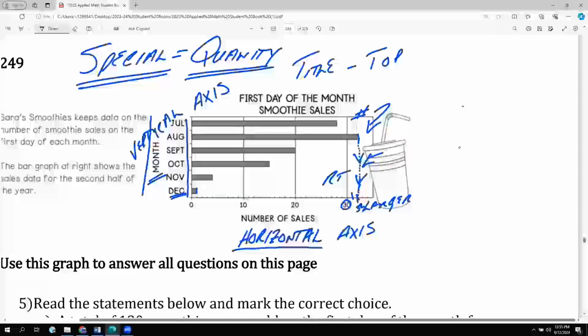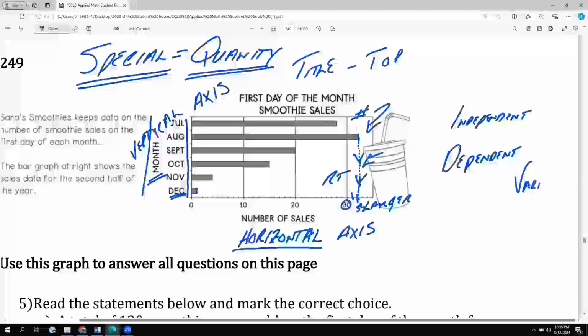So what I want to add is the word independent variable and dependent variable. So these are actually more of a science kind of vocabulary.